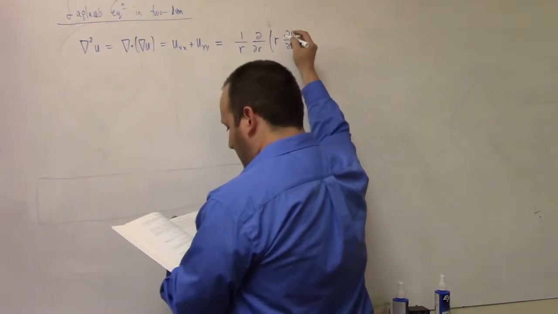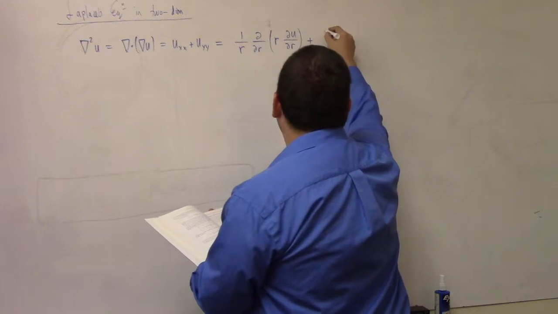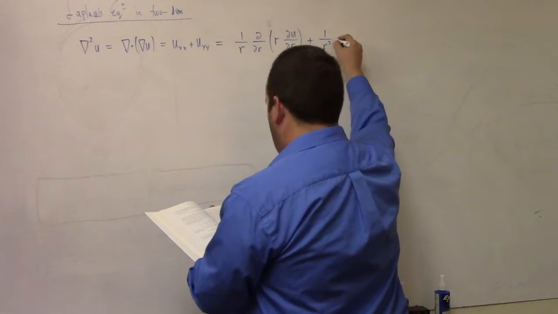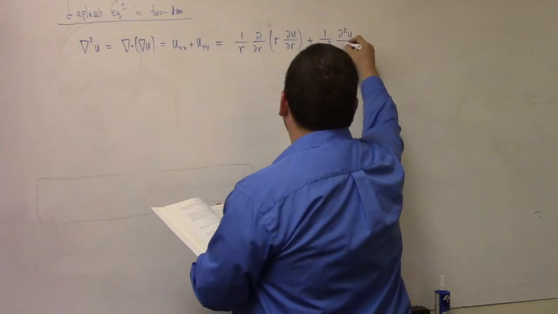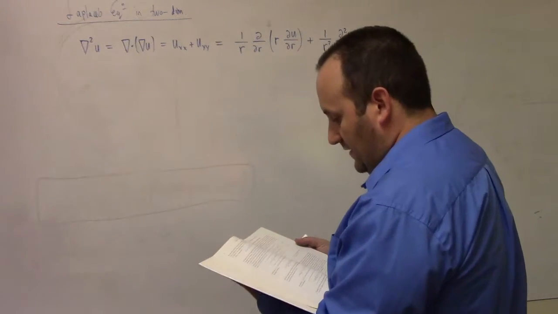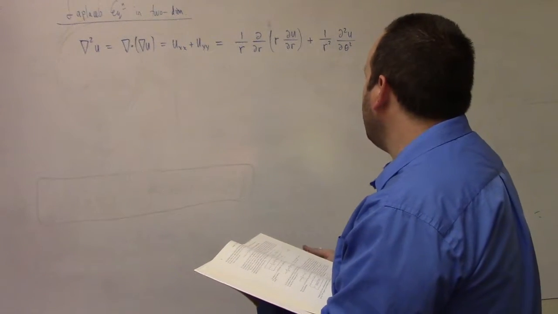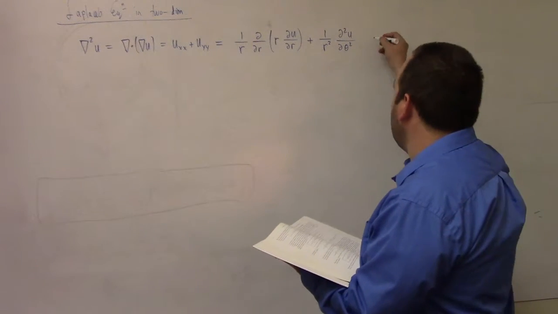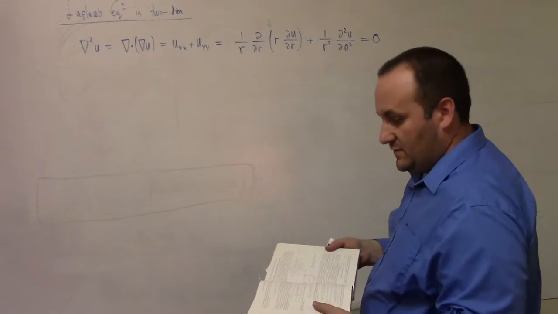You'll forgive me if I don't derive this today. That's what calculus 3 is for. Setting that equal to 0, that's what Laplace's equation looks like in polar coordinates.